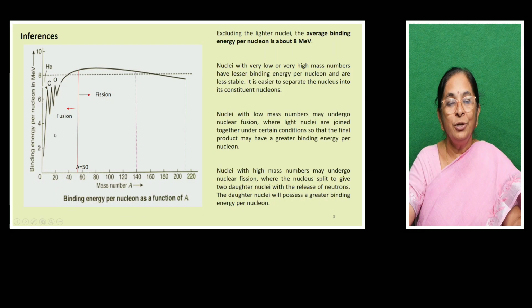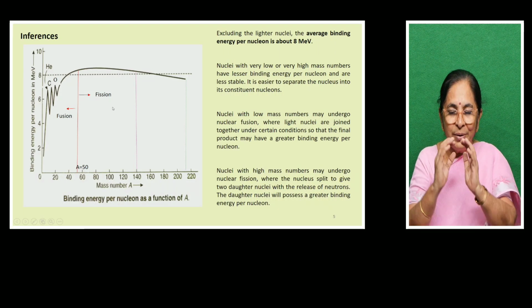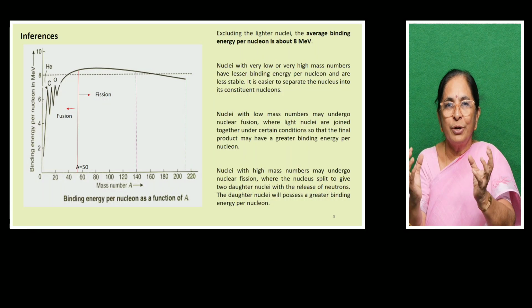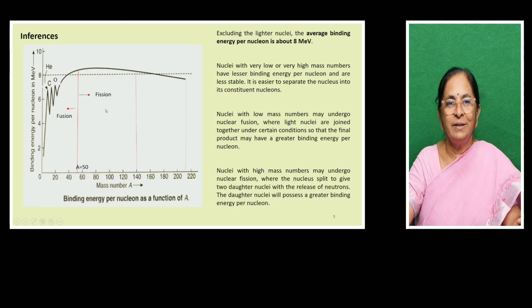So you get an idea which elements can undergo fusion and which undergo fission. Fission means breaking the nucleus, and the big nucleus breaks into two daughter nuclei, releasing a lot of neutrons and energy also. That energy can be used in an atomic nuclear reactor. Mostly fission reaction only takes place. From that nuclear energy can be converted into electrical energy.